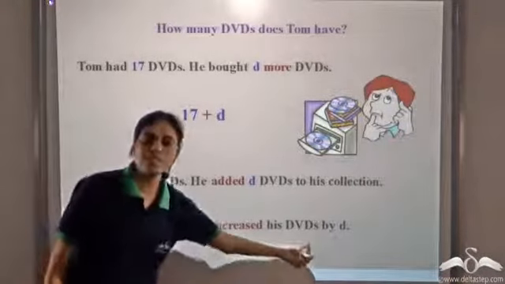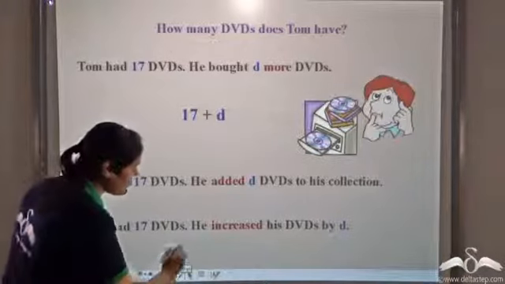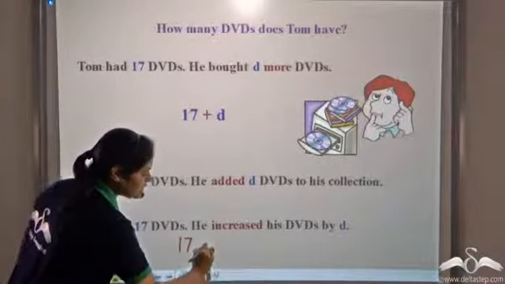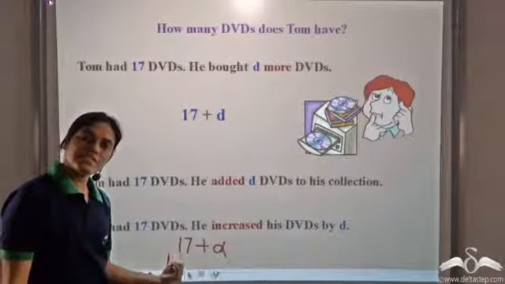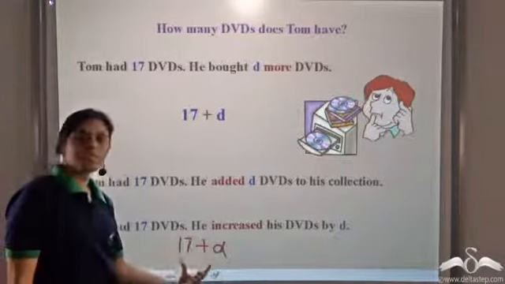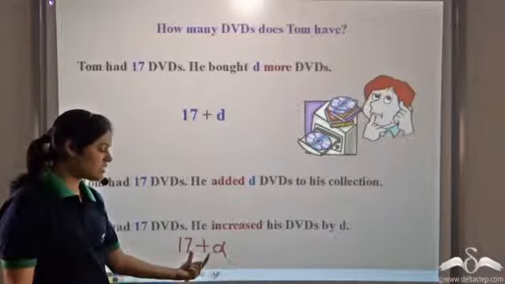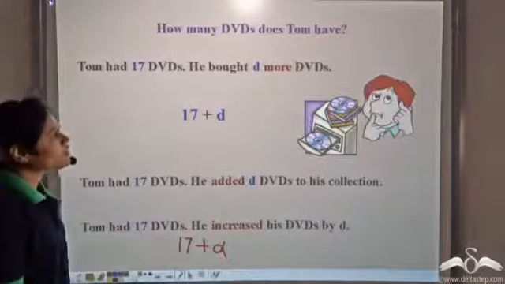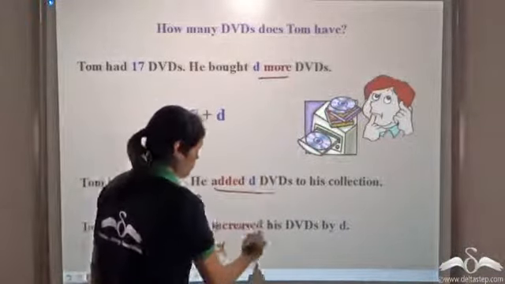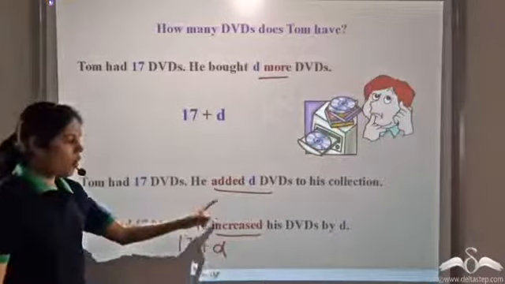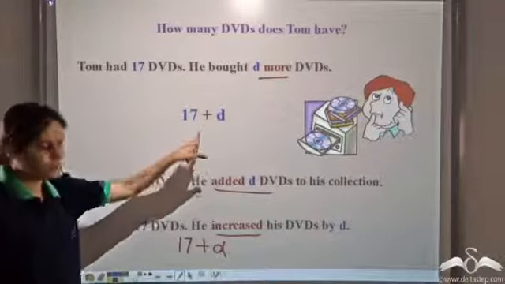He increased his DVDs by D. So how many DVDs does he have now? 17 plus D, because he had 17 and he increased it by D. So we see that more, added to, increased, all these words represent addition operation.